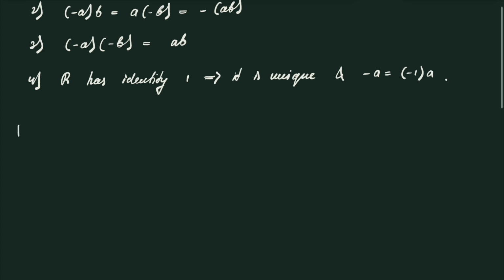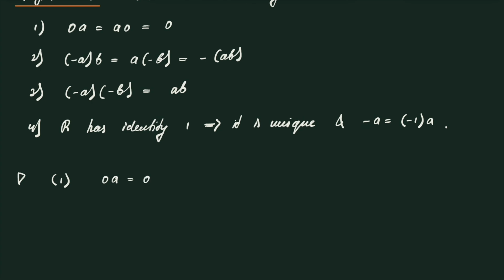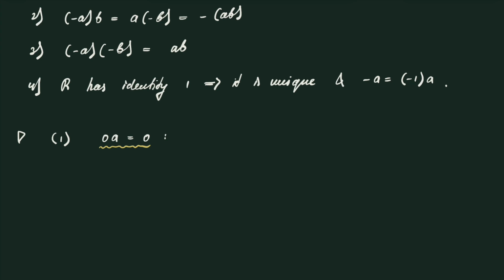I denote the start of the proof as this triangle here. Now, let's start with the first one. Let's show that 0 times a is equal to 0. So 0 times a is equal to 0 plus 0 times a. It's because 0 is equal to 0 plus 0, right?